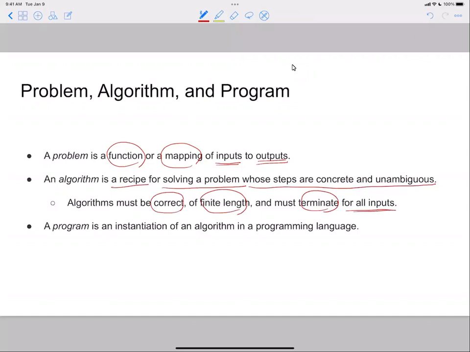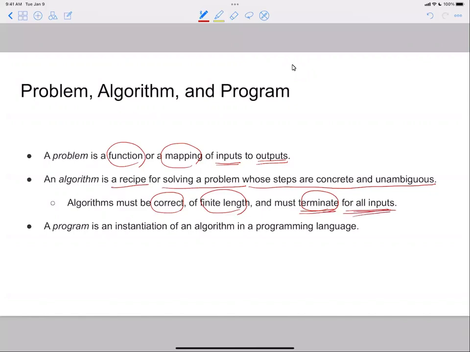This is an important idea. Algorithms must be correct, of finite length, and must terminate for all inputs. So you might face an unlimited loop or something. And if you say, well, my algorithm has an issue of unlimited loop, then you cannot say that is an algorithm, because an algorithm must terminate for all inputs, right?